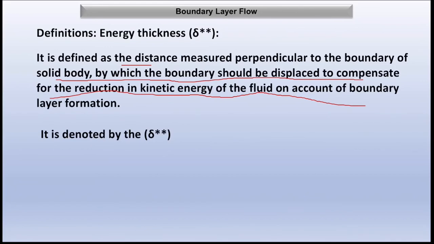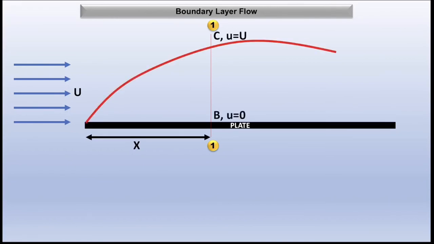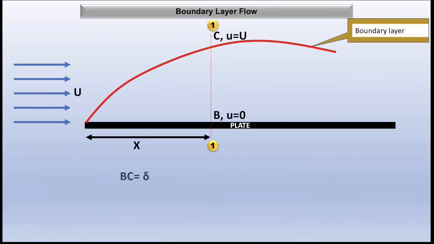Okay, so in order to derive the equation for the energy thickness, again we need to consider the same diagram. Assume that the fluid having the free stream velocity U flows from left to right over the plate, and at a distance x there is one section where the velocity at the boundary is equal to 0 and at the edge of the boundary layer it is equal to the free stream velocity.